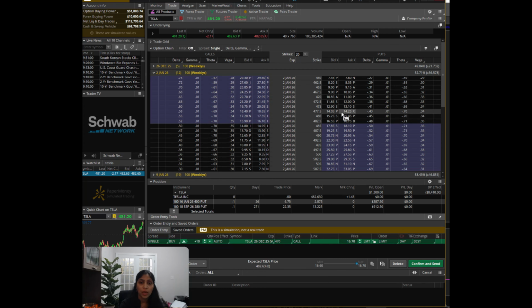Suppose I want to buy Tesla, I want to own 100 shares of Tesla. I don't mind owning, as I'm confident and bullish on Tesla and their business model, their innovations, everything I like. So if I want to buy, I can buy. But I'm thinking this 482 is a high price at this moment.